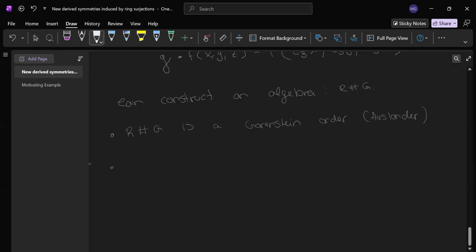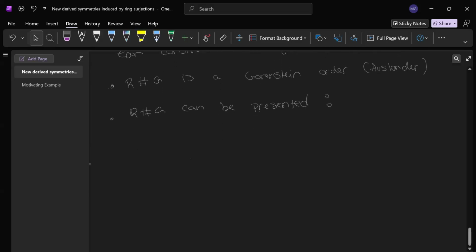It also turns out that R hash G can be presented in the following way. We're going to present it as a path algebra of a quiver. The quiver is going to be a quiver with 3 vertices and 3 arrows between each vertex, like so.